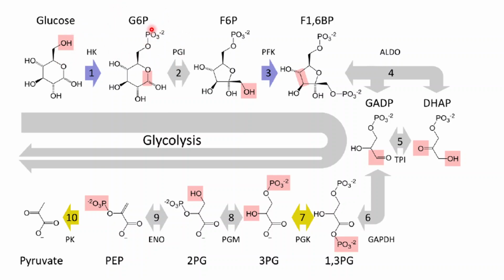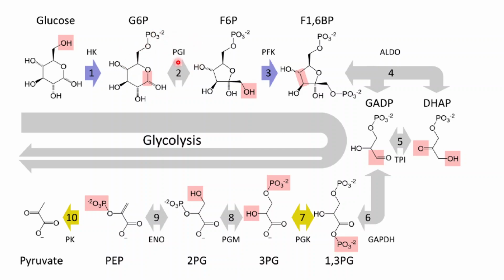Okay, after glucose 6 phosphate, the second intermediate is fructose 6 phosphate, and the reaction is catalyzed by the enzyme phosphoglucose isomerase.